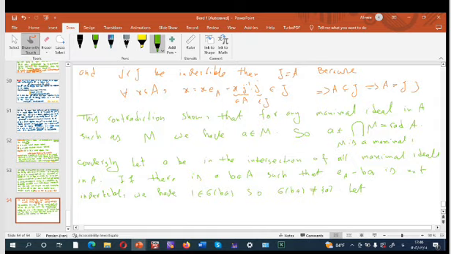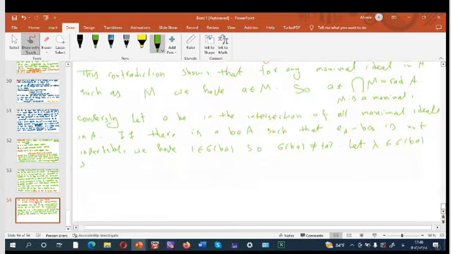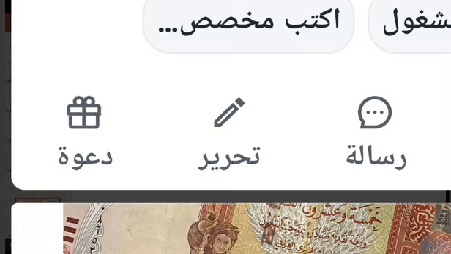Let lambda in sigma BA satisfy this equality, the absolute value of lambda equal to the spectral radius of this set, and we know that this is positive.